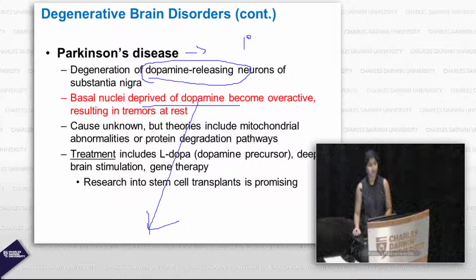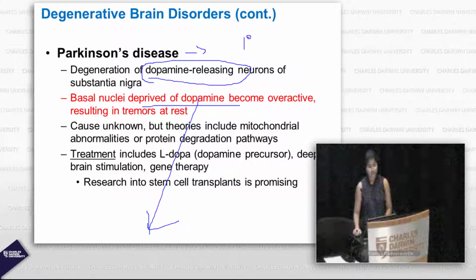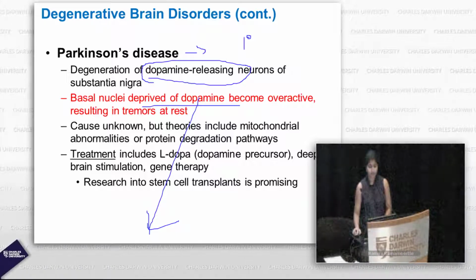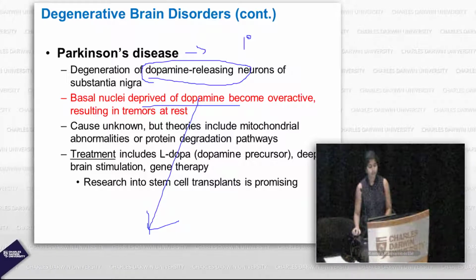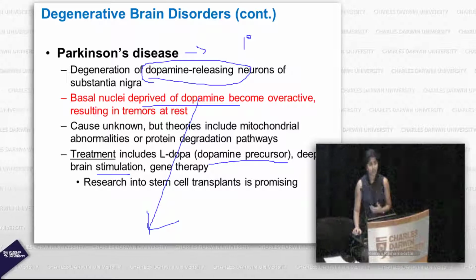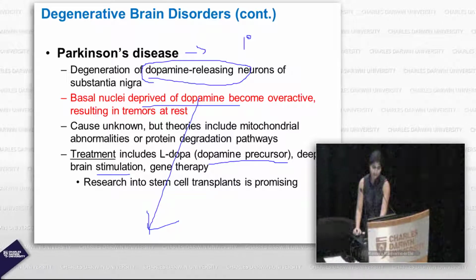Okay. So the actual cause is not known, and treatment includes giving dopamine precursors, and also because of depressive conditions, they also need brain stimulations. So motivation is lost, so they need brain stimulation and other supportive therapies as well.